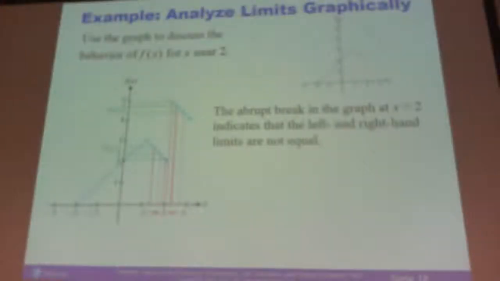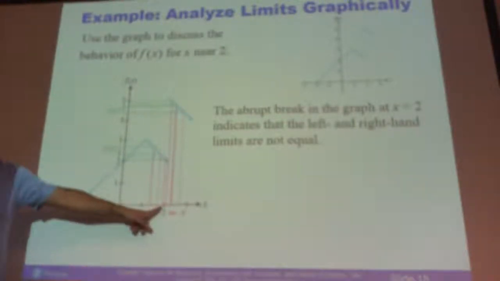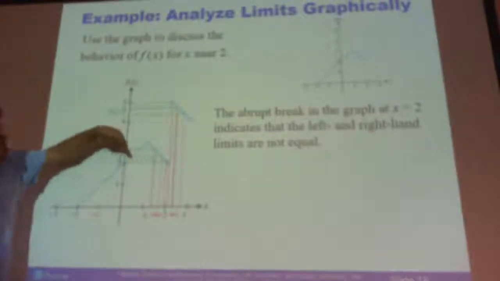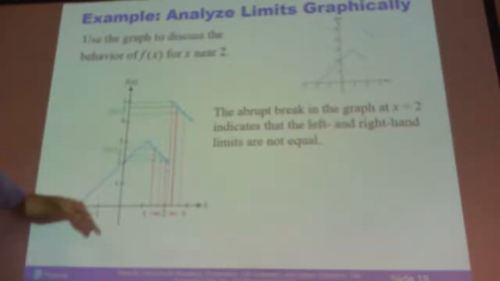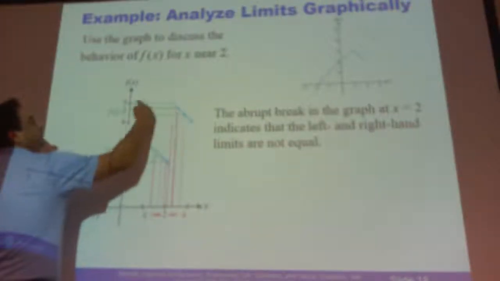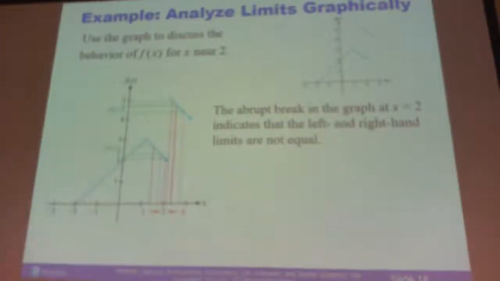So let's talk about 2. Coming from the left, what number is it approaching? 2. Coming from the right, what is it approaching? 5. We've got a problem there. Okay? Are they approaching the same number? No, something's going on.